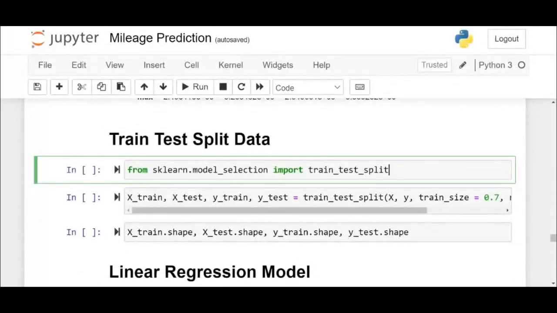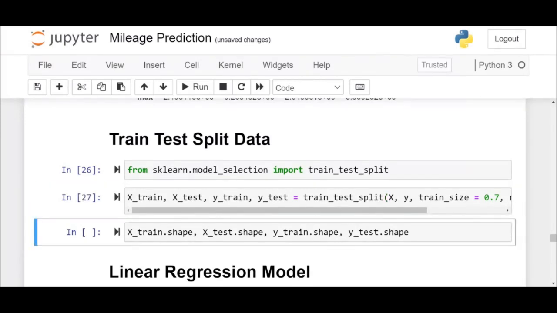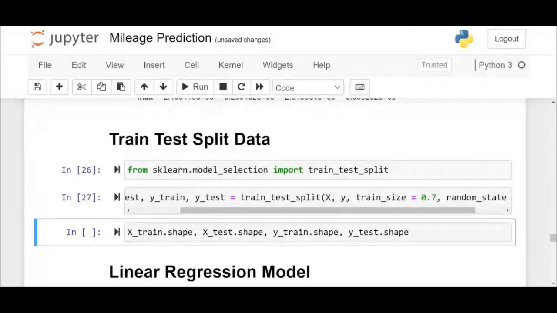This is the function train_test_split from model_selection. Using the code, we will get four data sets: x_train, x_test, y_train, y_test equal to the train_test_split function, and we will split the x and y.